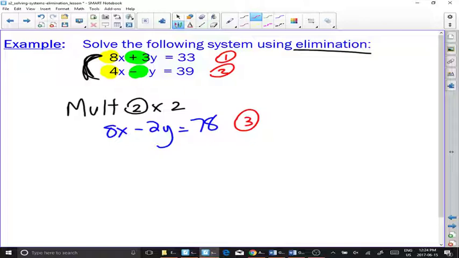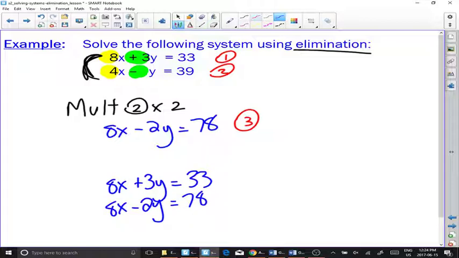So what we're going to do is do something with equation 1 and 3. What do I mean, do something? Well, here's equation 1: 8x plus 3y equals 33. Here's equation 3: 8x minus 2y equals 78.